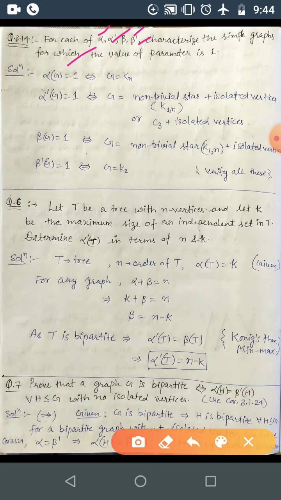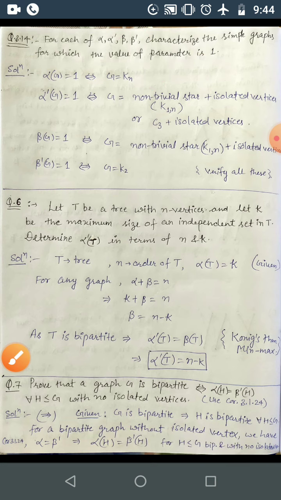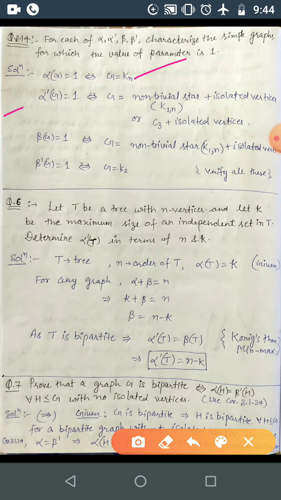So this is happening only in case of Kn, because every two vertices are adjacent. So if you take one, then it's fine, otherwise no other vertex will be independent from the initially chosen vertex. Okay, so that's why alpha is 1 if and only if G is equal to Kn. Okay, so the graph has to be a complete graph of order n. Okay, alpha dash 1 means maximum matching cardinality is 1.